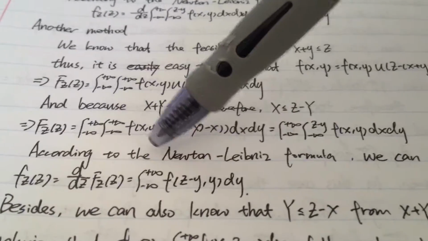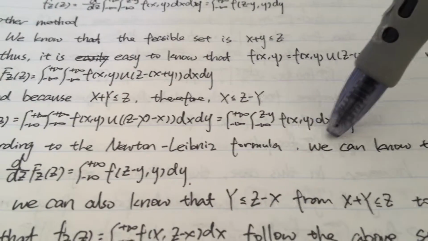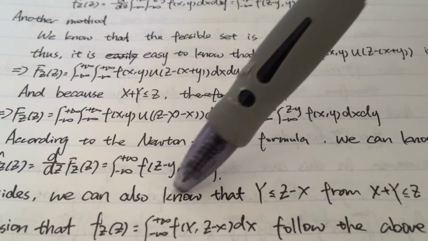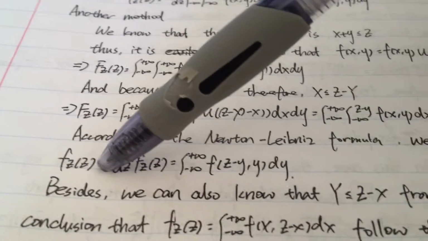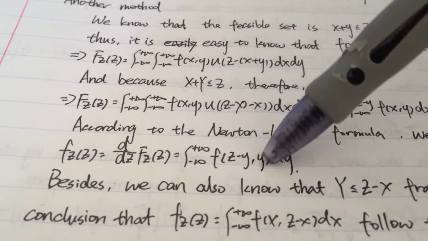So according to the Newton-Leibniz formula, we can know that this part is equal to this one, so that the joint density function of z equals this one.